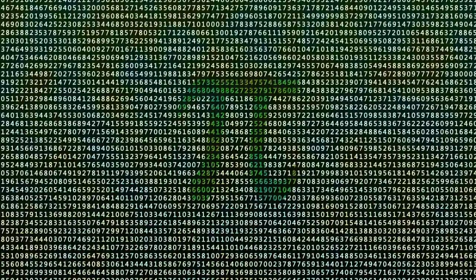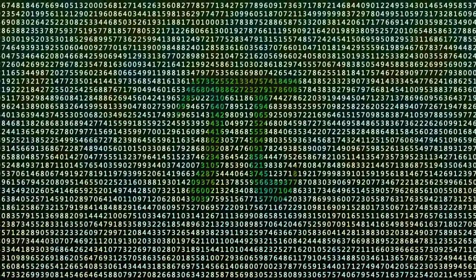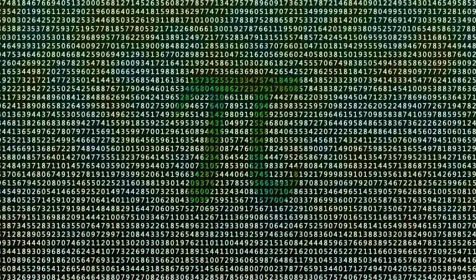Well, at some point, wherever he cuts, he's going to terminate this infinite series of decimals. And as soon as he cuts and terminates it, it's become a fraction.